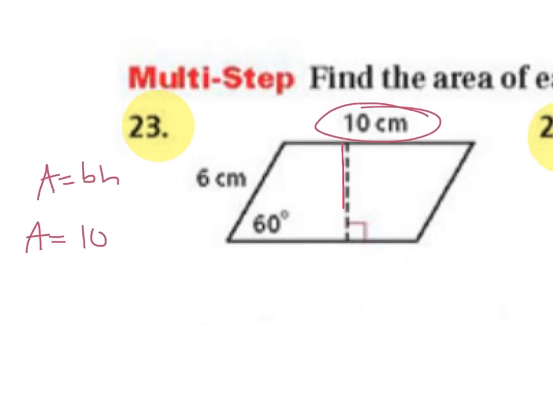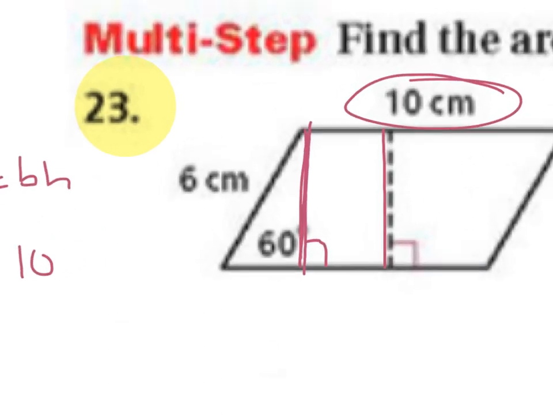So it gives us the altitude here, but it would be better to draw the altitude right there in order to make a triangle so we can find this height here, which is the same thing. These two heights are the same, but when making a triangle, we're able to find what the height is.